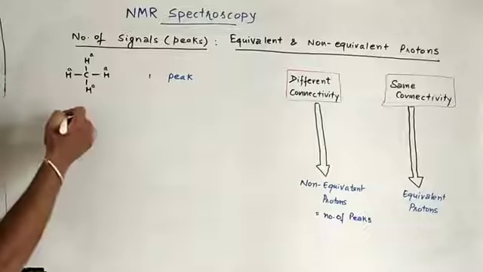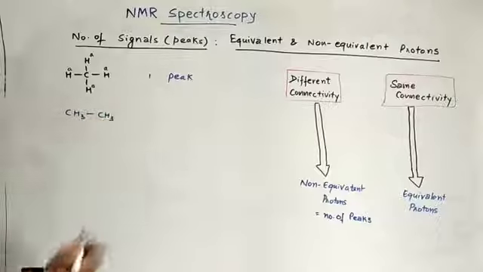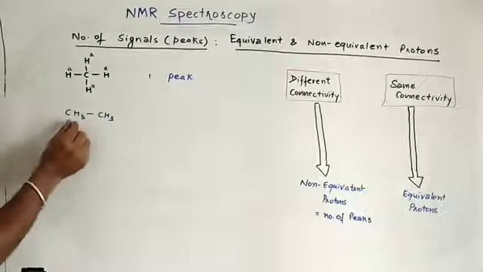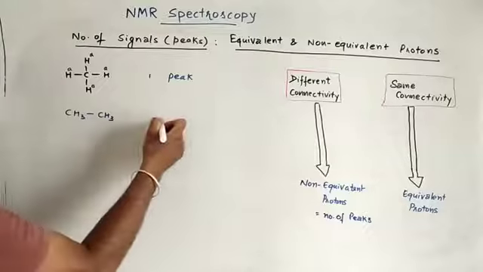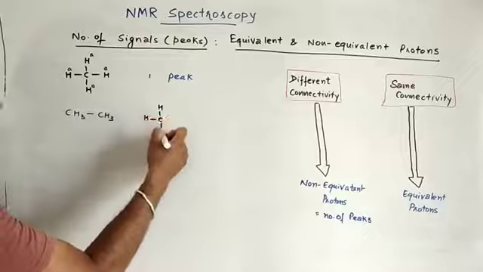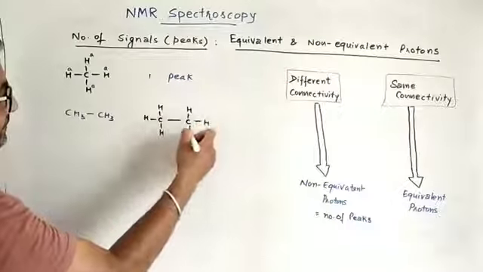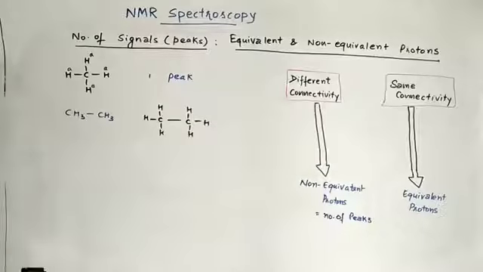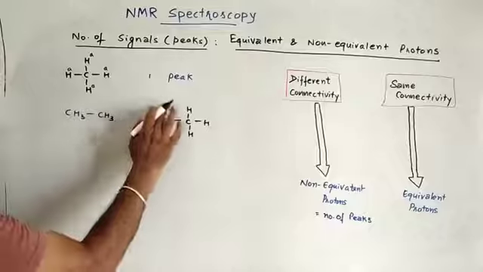If we move towards ethane, first we will compare these three protons, whether they are equivalent or not, then we compare with the other three protons. So let's open the structure. First compare these three protons. I will make them blue.